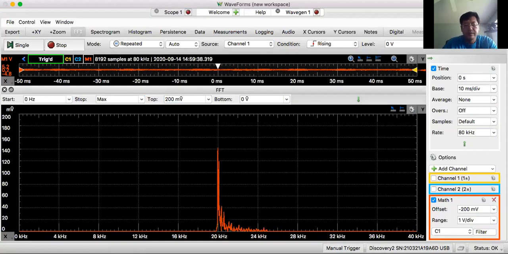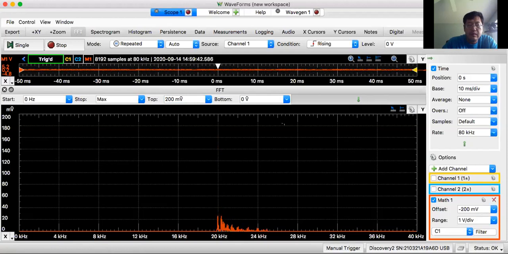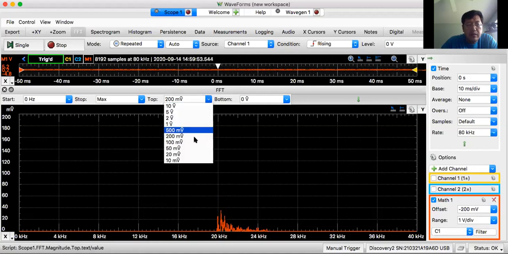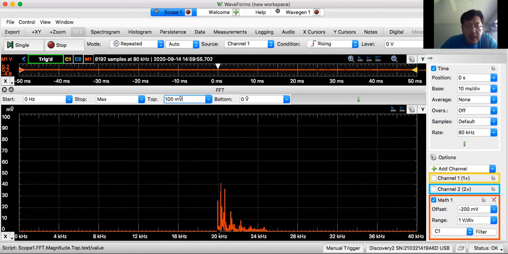Let's do 3. Now we almost completely remove the carrier. So this is the upper side band from here to, let me see, we completely remove it. Not sure. We still have carrier.